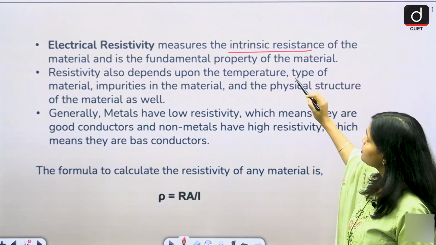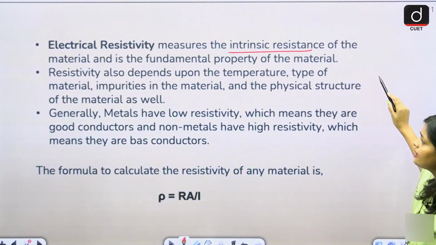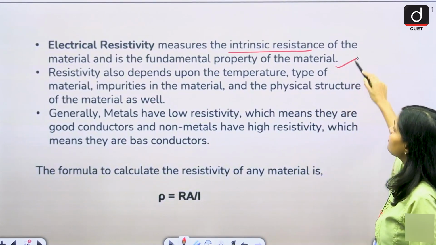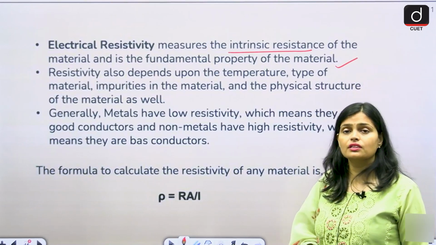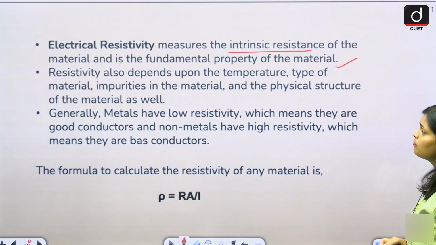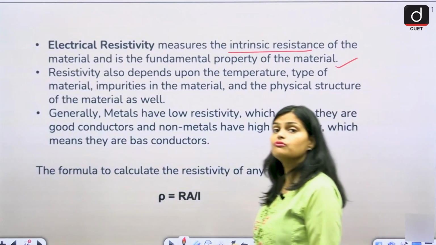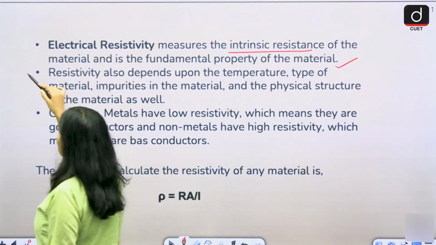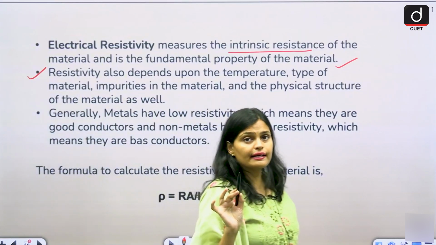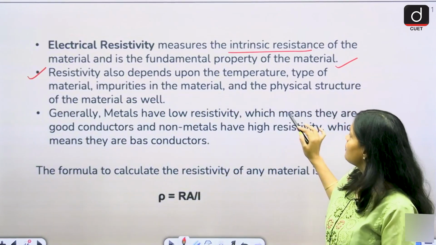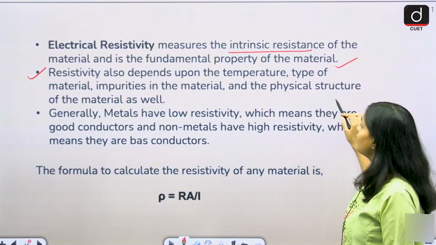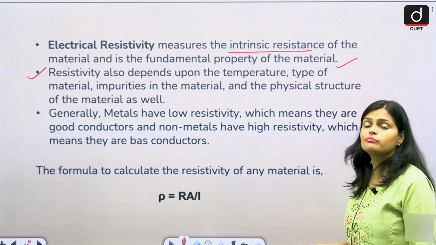So it measures the intrinsic resistance of the material and is the fundamental property of the material. Resistivity also depends upon temperature, type of material, right. Resistivity depends upon what? Temperature, type of material, impurities in the material and the physical structure of the material as well.